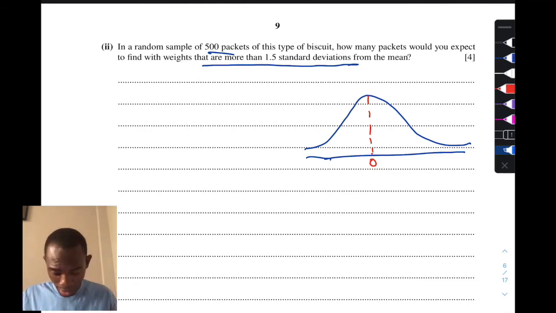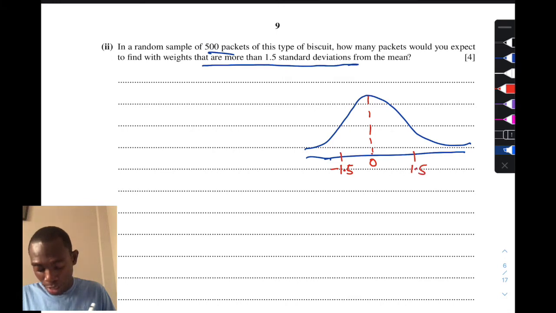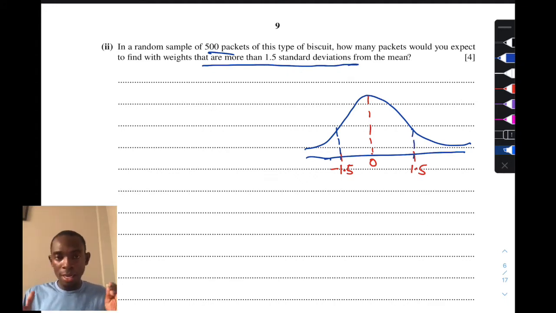So you can have 1.5 here to the right, and if it's to the left, it's going to be negative 1.5. So that is the deviations. Two things are happening, and you are going to use both.